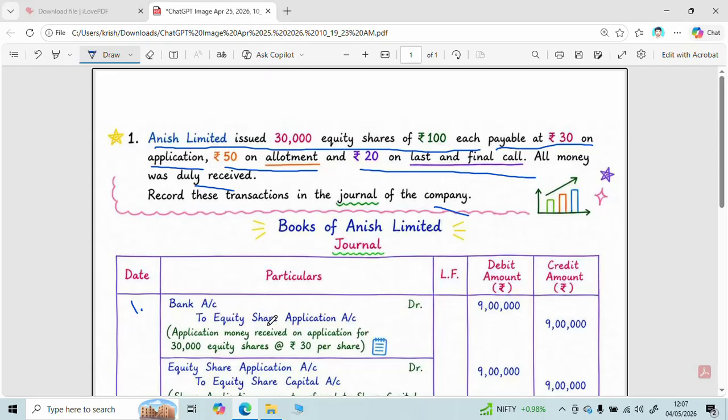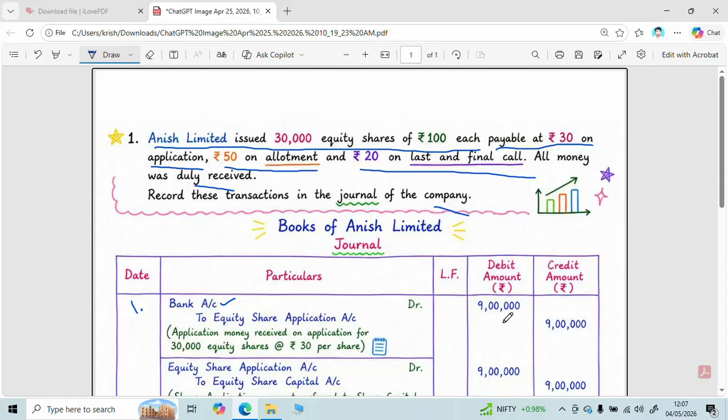The first entry is bank account debtor to equity share application account. This entry is to be passed for receiving application money. We are receiving money through the applications, so we debit the bank and credit equity share application.